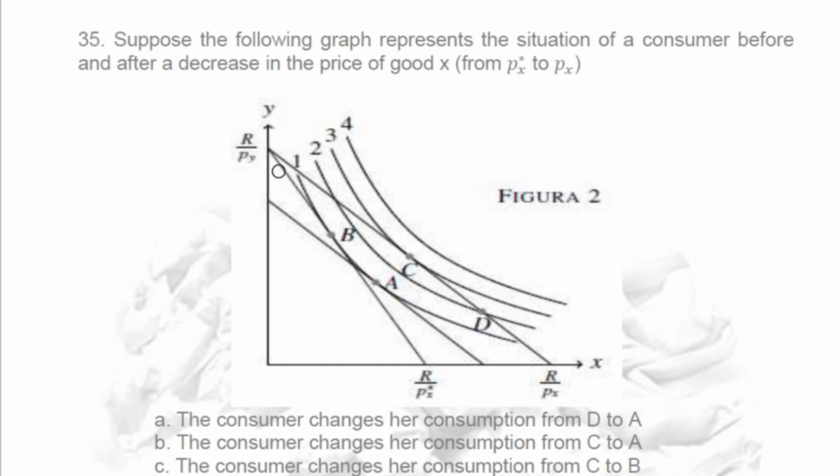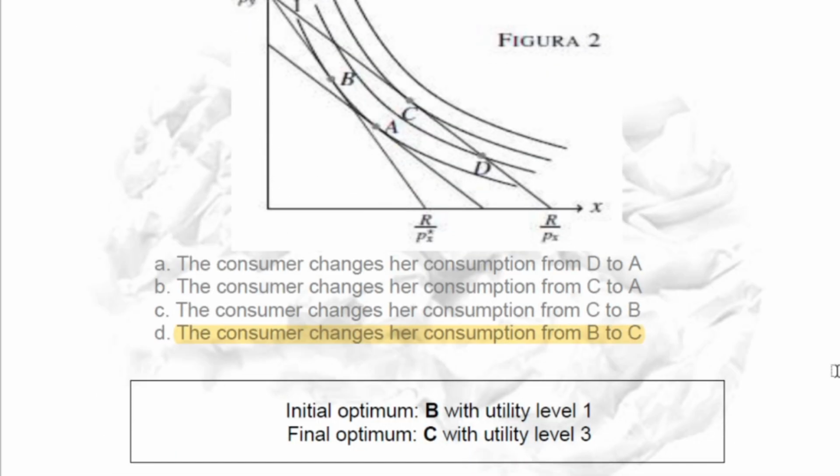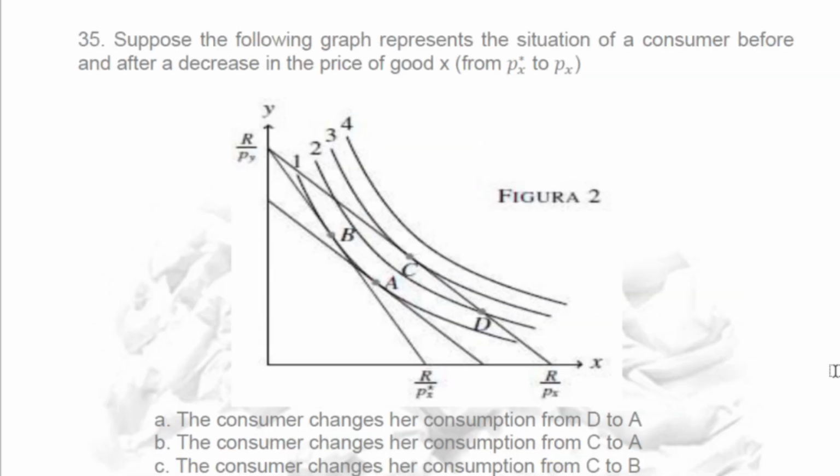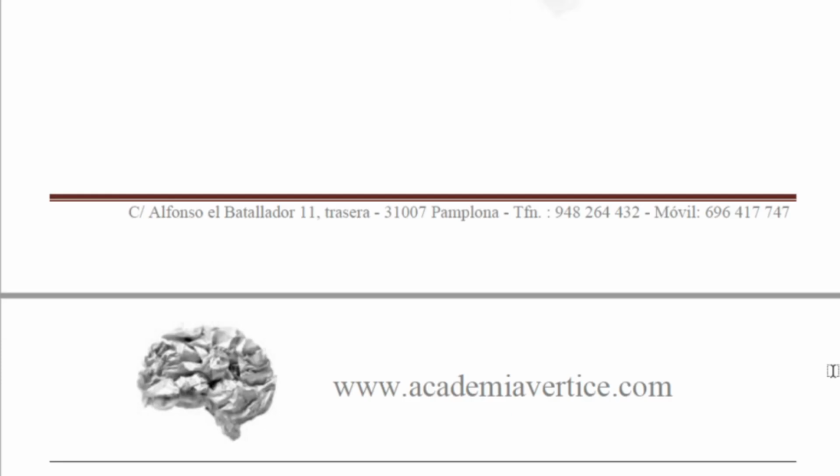If the budget constraint is the first one, I think it's clear that the tangent solution is B. And after the change in price, the optimal bundle is C. So the change will be from B to C. So I think this should be easy. I hope all of you have answered correctly. Okay, and let's go to the 36th.